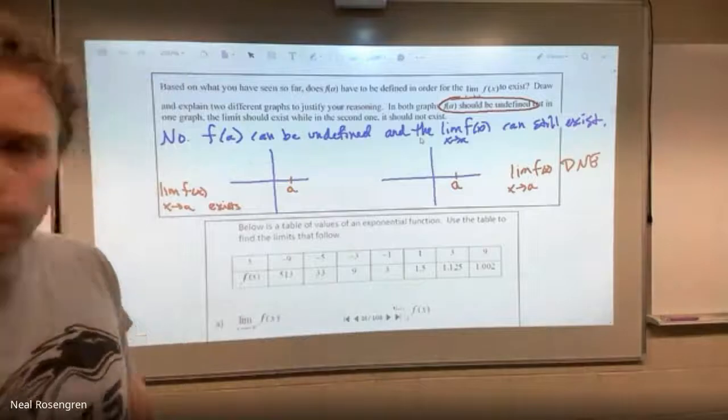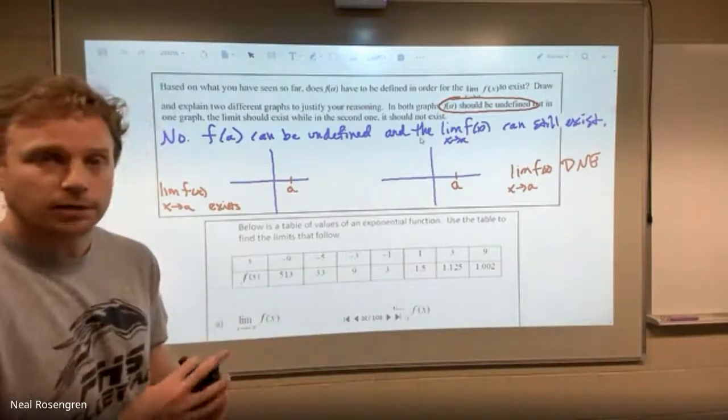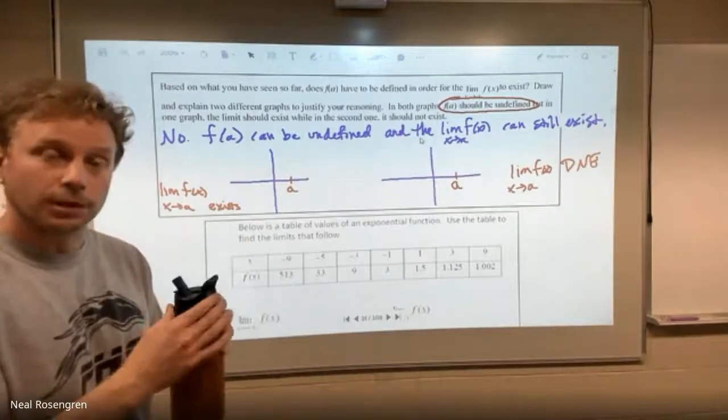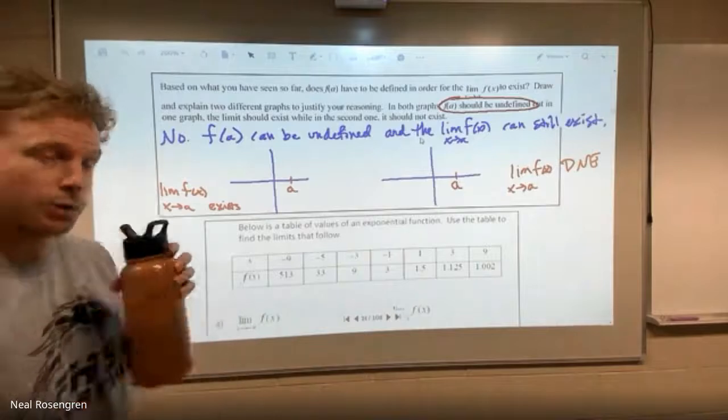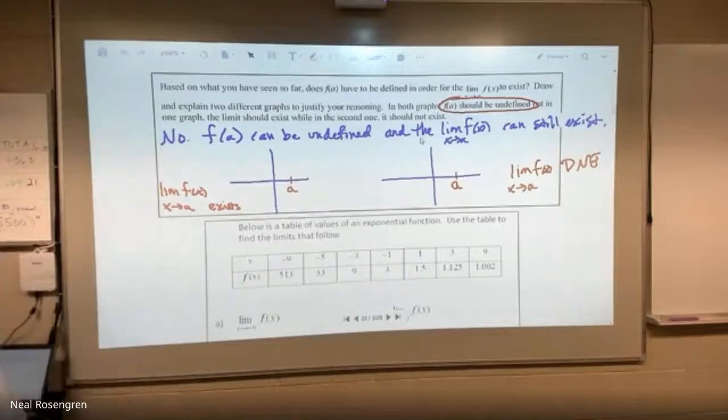Draw it lightly in pencil. See what you can come up with, and then in a minute or so, I'll take some suggestions. I think that there's certainly some freedom here to draw different kinds of graphs depending on what you see. Give it a shot.